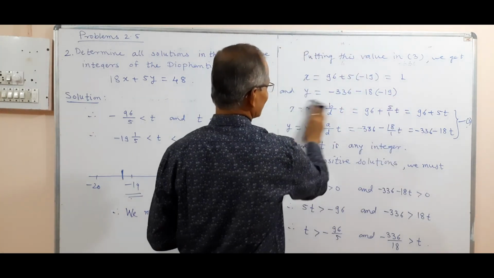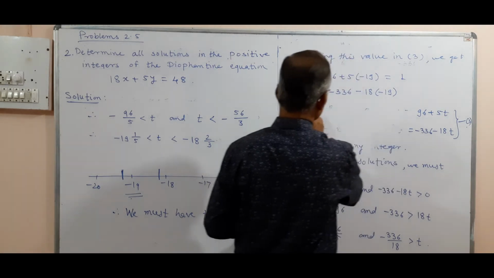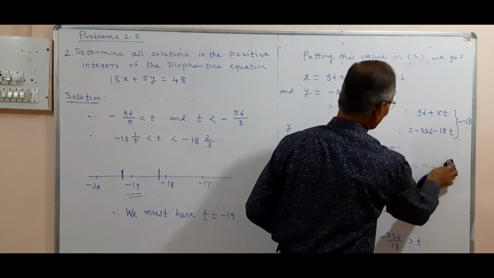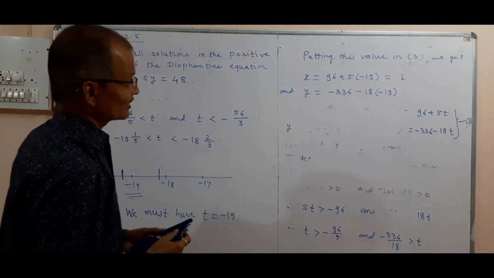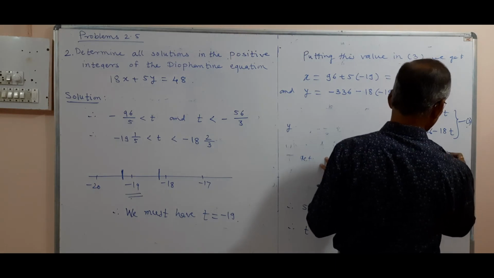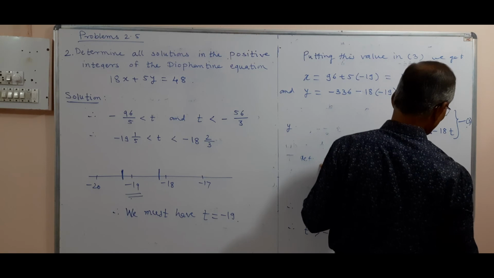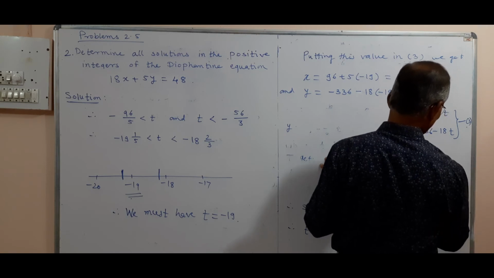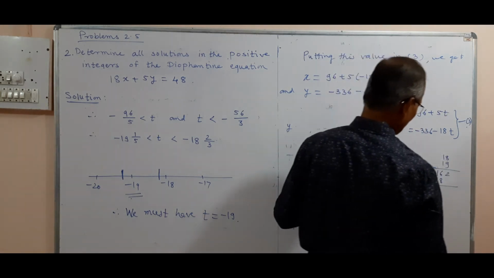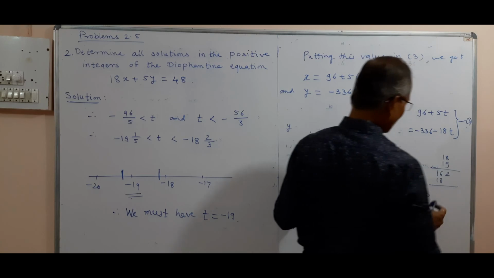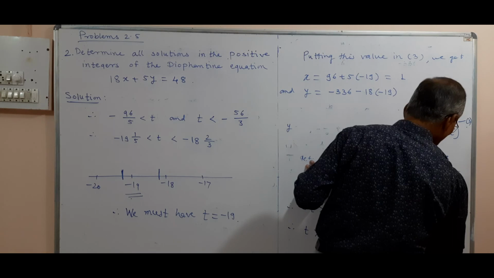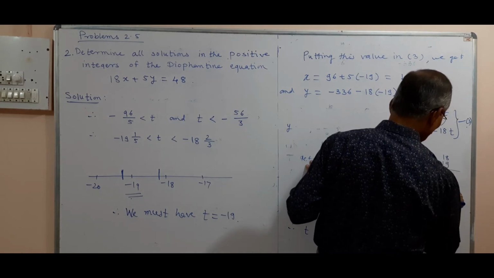You may calculate this number. 18 into 19 is 342.